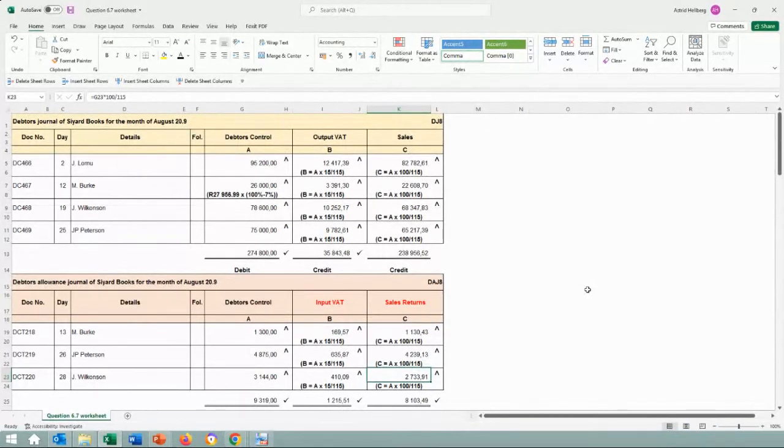Okay, so remember we want to know now how much was paid by our debtor at the end of the month. Let me just page back to the question. Okay, so we want to know J Wilkinson, how much did he pay on the 30th?